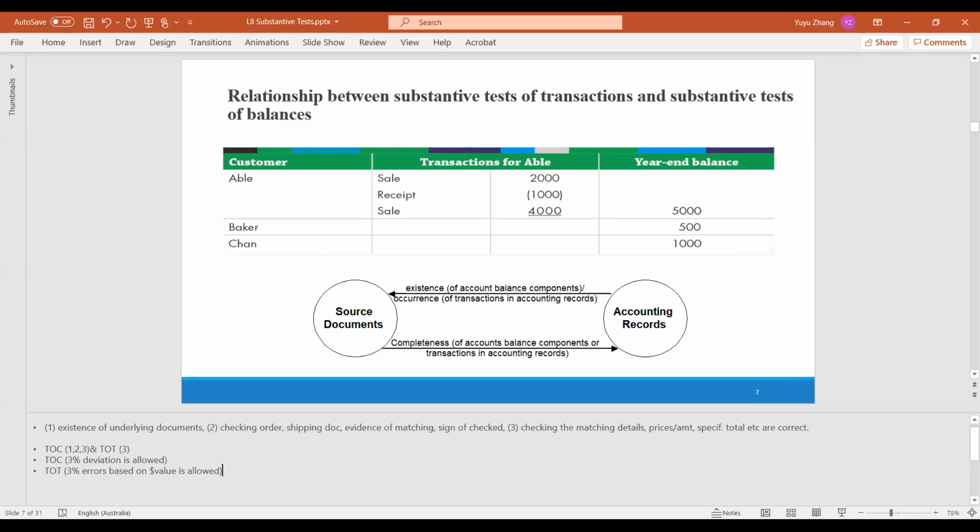And $250 compared to $10,000 total value. So in this case, for the test control or test transaction, which one should be more focused on?